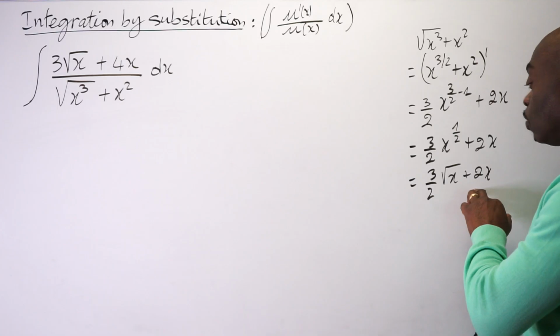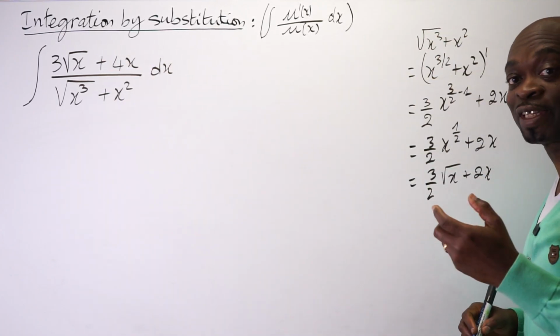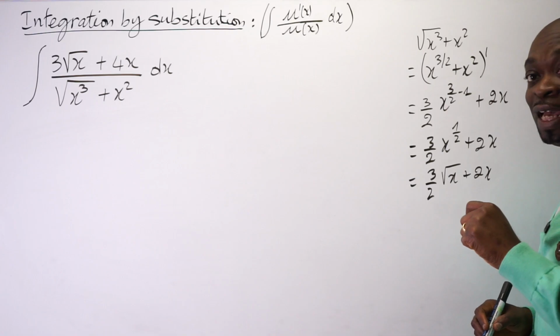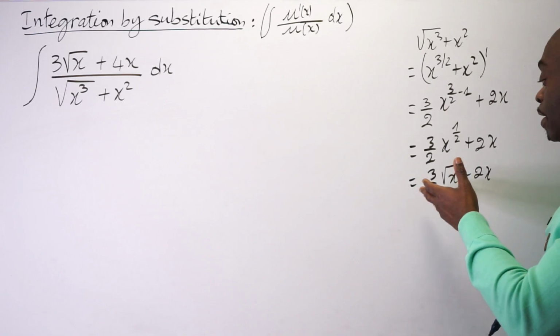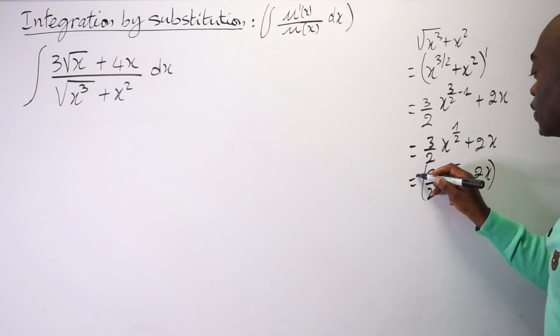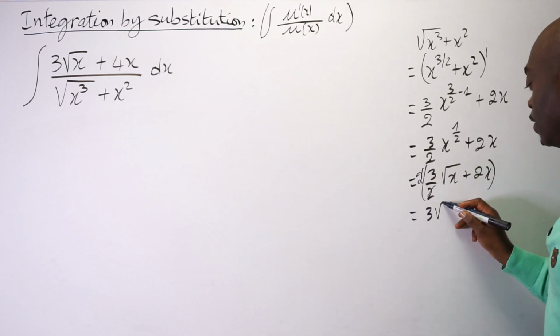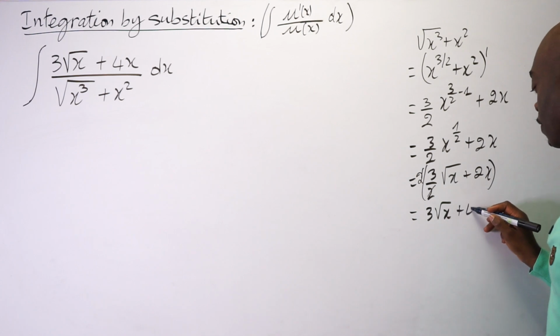Now, does it look like the numerator? Not quite. But can we do something to make it look like that? Yes, and in this case, it's all about multiplying the whole expression by 2. When we multiply the whole expression by 2, you end up with 3 square root of x plus 4x.